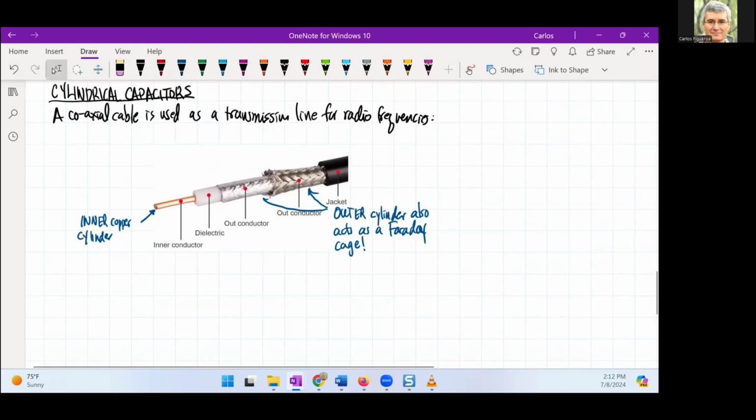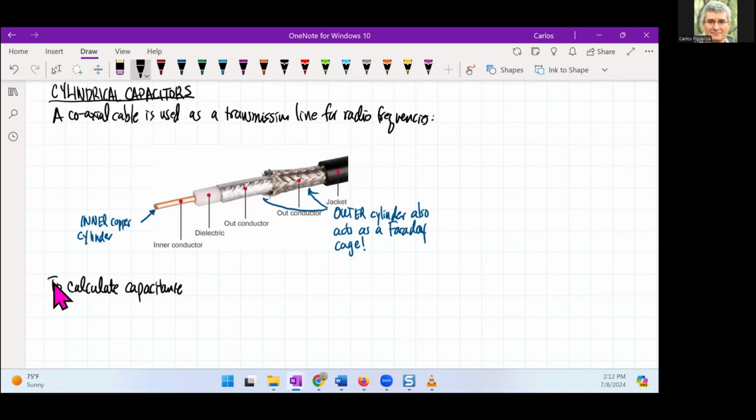So we could go in and calculate this capacitance. To calculate the capacitance of this cylinder, again, we use, in this case, C equals Q divided by delta V. So let's go calculate this.